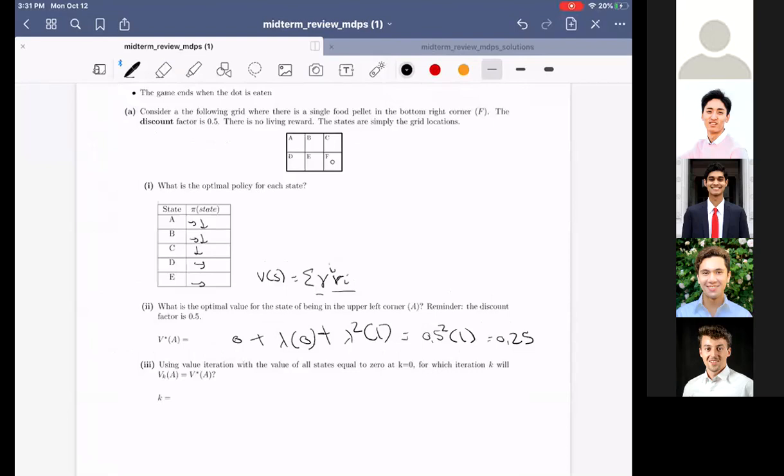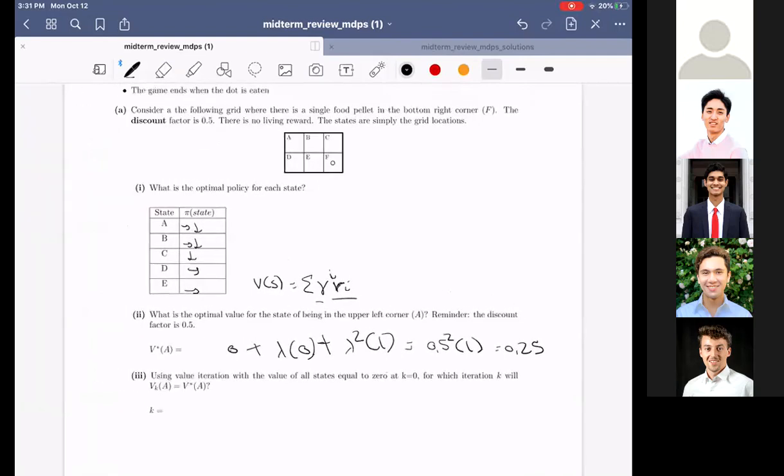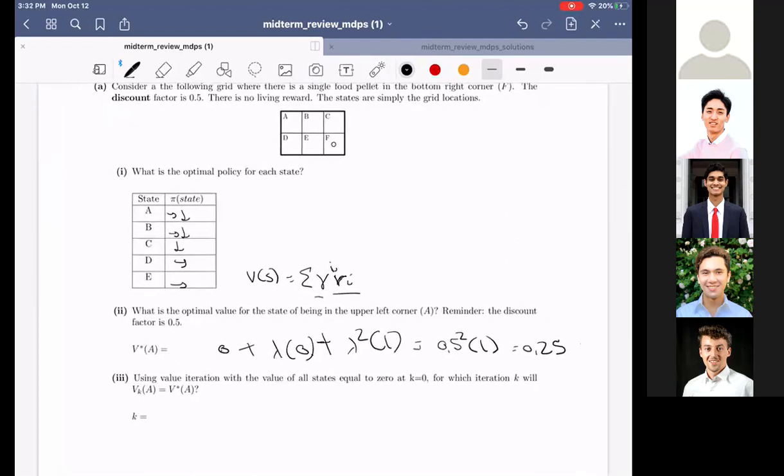Does anyone have any ideas? Okay, so we can basically consider which state's values will converge after one iteration.